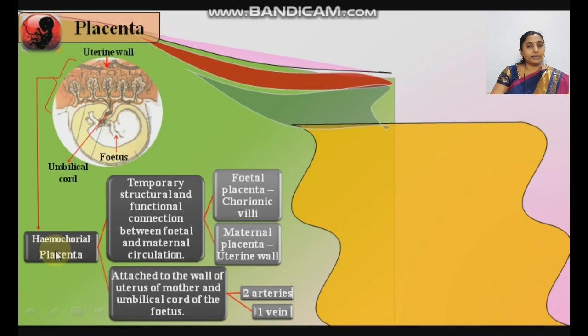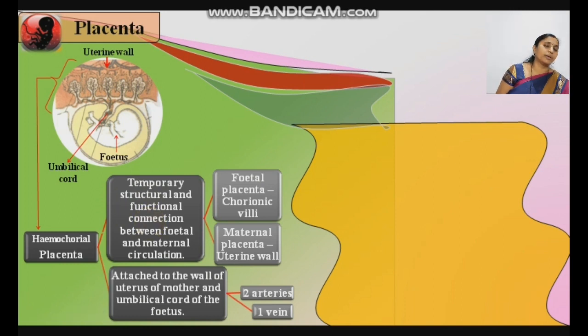This hemochorial placenta, what is this placenta? It is a flattened discoidal organ, a flattened structure, reddish brown color disc. If you see this connection, it looks like a disc shape, reddish brown disc shape. It is a temporary structural and functional connection. Why is it called temporary?